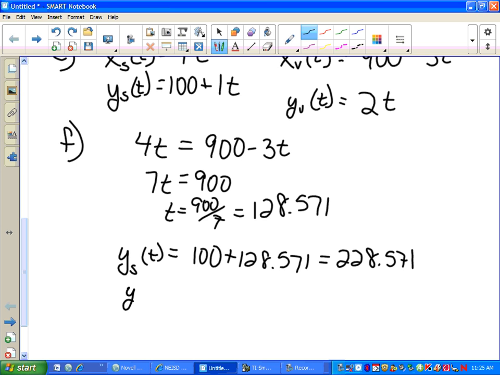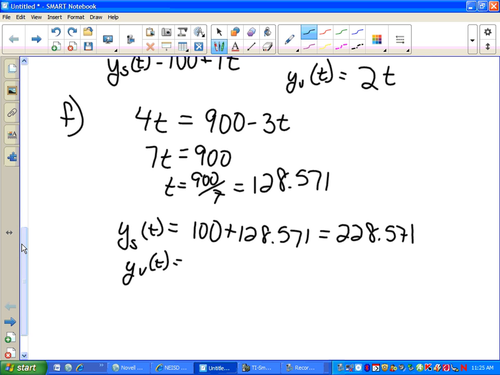What about the Y for Villers? Y for Villers was just 2 times T, so it's 2 times 128.571, which equals 257.143.